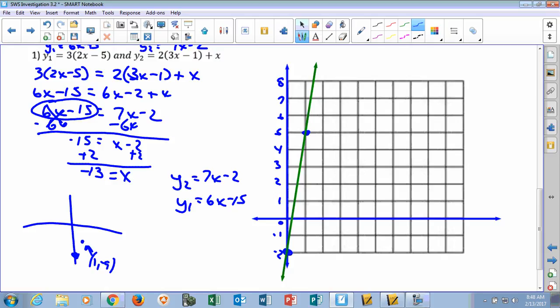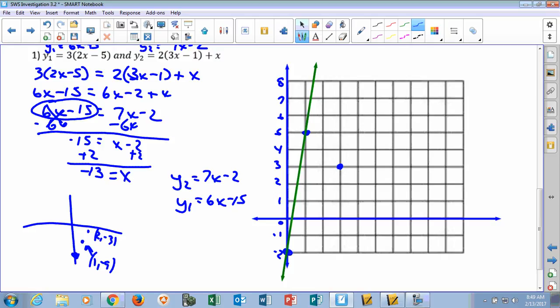So let's go up another 6 from -9. Where does that put us now? -3. We're getting closer because that would be 2, -3. Let's go up 6 more. +3, right? And 3 over.